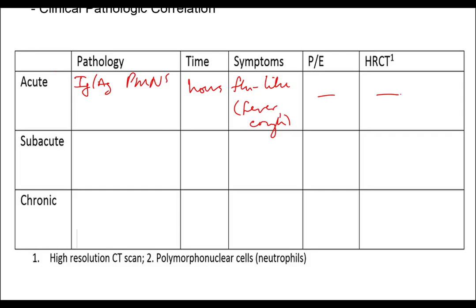But if the exposure carries on, we're going to see a change from a type 3 antigen antibody acute inflammatory response. Now we're going to form granulomas. So then this is going to be really a disease of days to weeks, which is the time frame of macrophages.